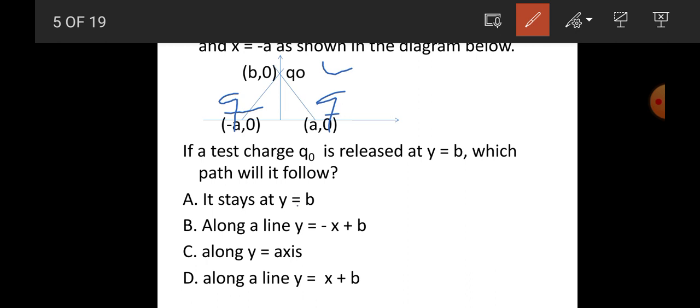This q naught is a test charge, small in magnitude when compared with the other charges. The electric field produced by the test charge cannot affect the other charges because the test charge is a very small charge used to detect the direction of the field line.